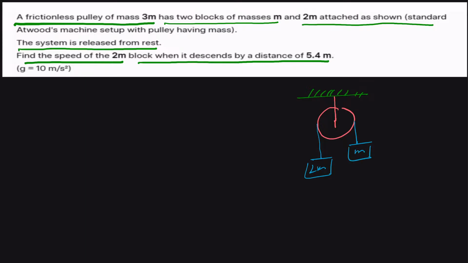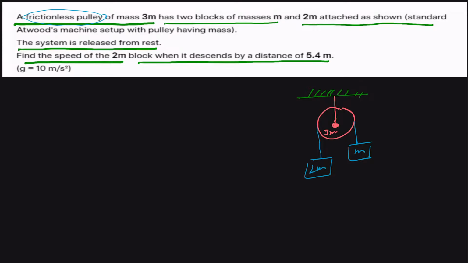It says it is a frictionless pulley. Frictionless basically means that at the point where it rotates, there will be no friction. But in this particular case we are given that the pulley has a mass of 3m, so this is going to play an important part.